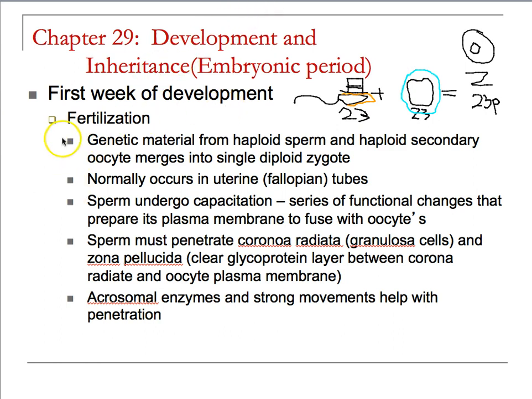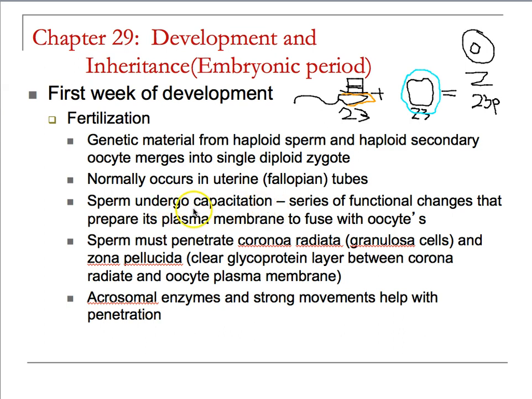What you're looking at is the genetic material from the spermatocyte and the secondary oocyte merging into that zygote. It usually occurs inside the fallopian tube, just like I told you in class. While the spermatocytes are inside the vagina, ejaculation occurs. Remember, the parasympathetic nervous system has to be activated first, then the sympathetic nervous system for ejaculation to occur.